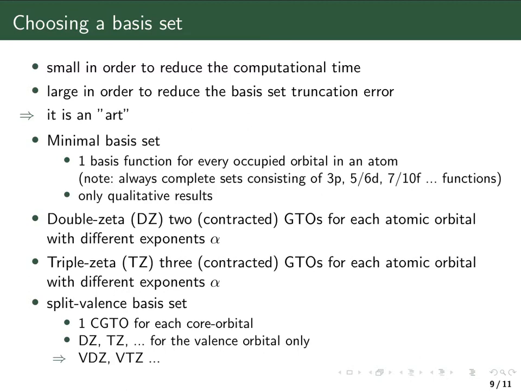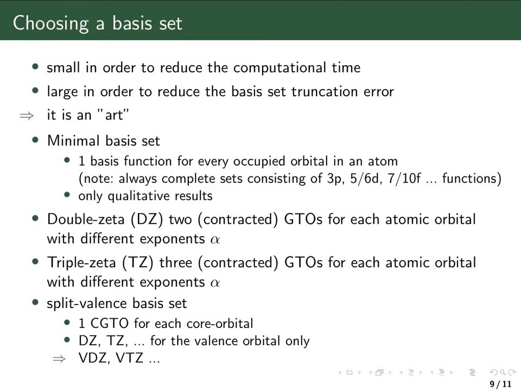Now, what one found out is that this is very good and very important and necessary for the valence orbitals, for example for carbon, the 2s and 2p orbitals, but it's actually not really necessary in most applications for the 1s orbitals, because the 1s orbitals might contribute a lot to the energy of a molecule, but this contribution does not change very much going from one molecule having a carbon atom to another molecule having a carbon atom.